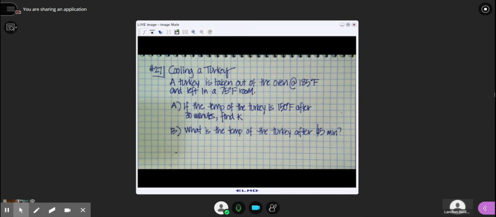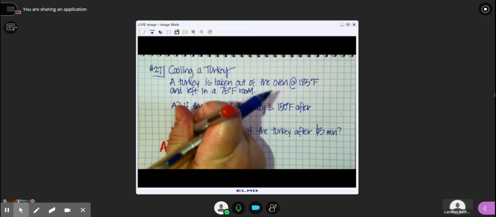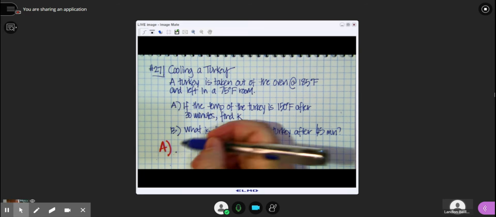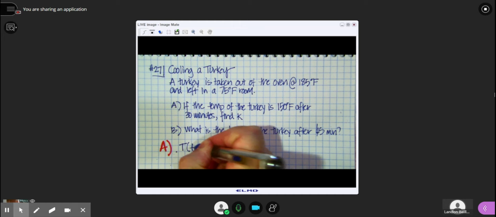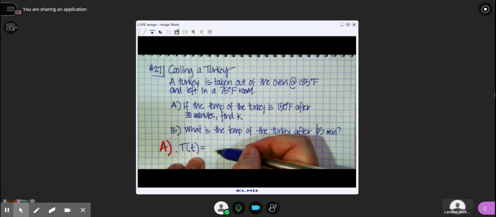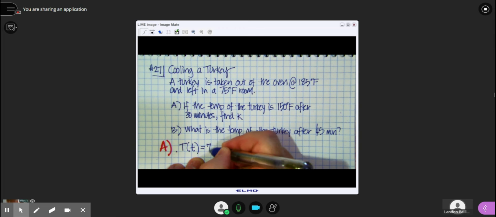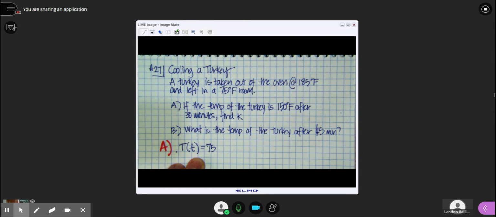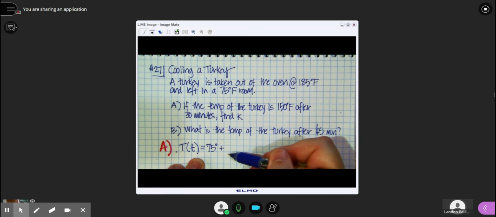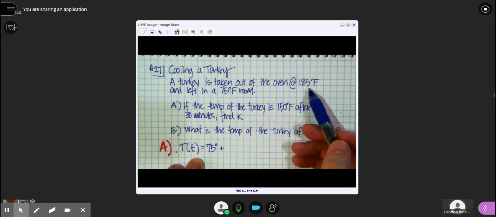All right, so if we're working on part A, we're going to first start with our formula. T of t, the temperature at time t, is equal to T sub s, or the temperature of the surroundings, which is 75 degrees, added to the difference in the initial temperature and the room.